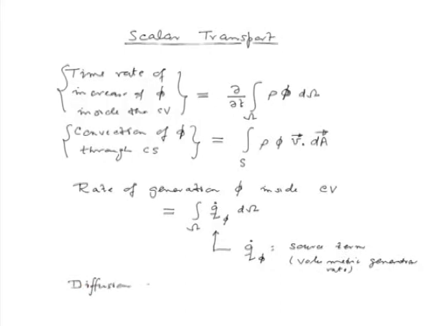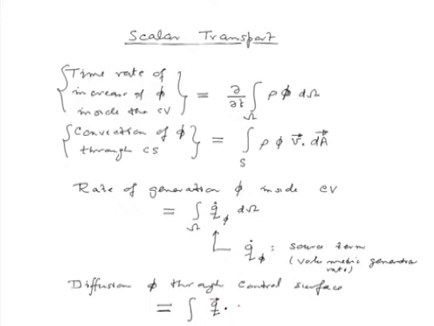and the last term which we had, that is diffusion of phi through control surface. Now this we can represent simply by a surface integral of a flux like quantity. Let us say that q is the flux of phi which is being transported across the control surface.